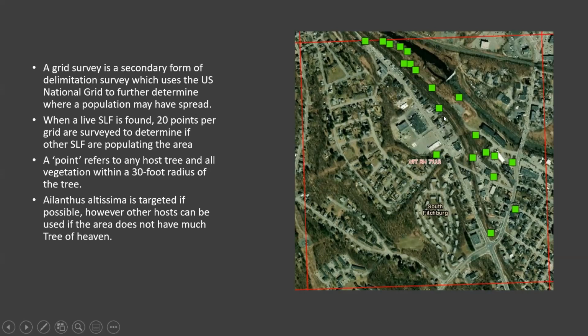So it's a lot of area, even if it's just defined here as 1 point. And then Ailanthus is targeted if possible. However, other hosts can be used if it does not have a lot of tree of heaven. Other hosts being grape, bittersweet. They do tend to like vines. They like maples in the fall, especially red and silver, walnut, river birch, etc.